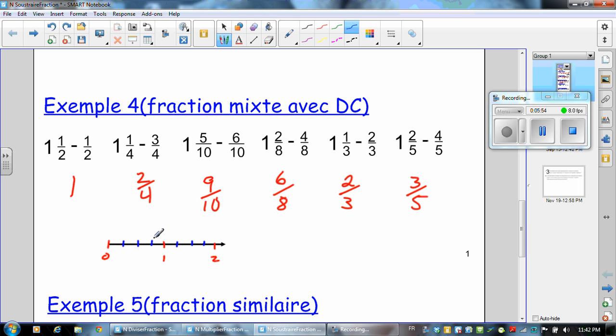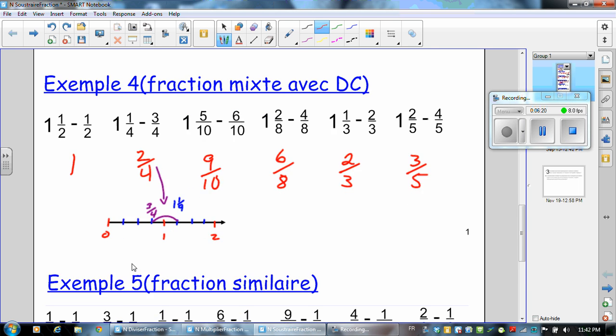And where are my two numbers? I have 1 1/4 would be here, and 3/4 would be here. So what's the difference between these two numbers? We can clearly see that it's 2/4. Okay? Moving on.